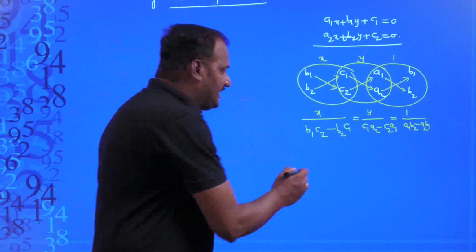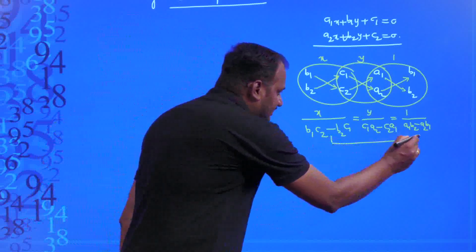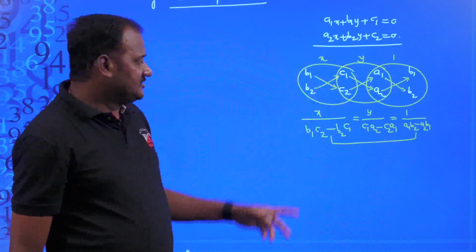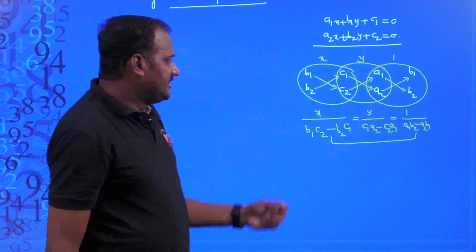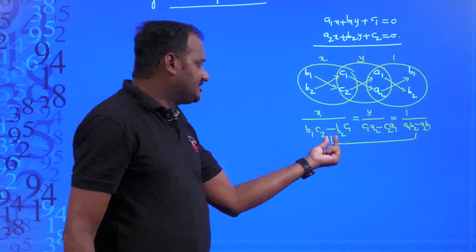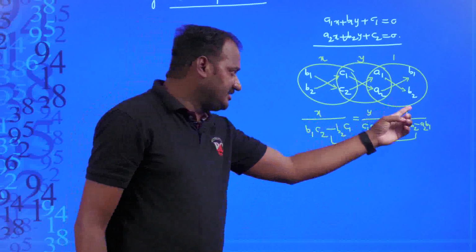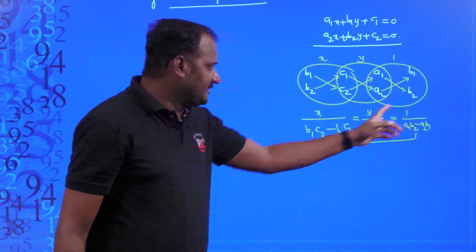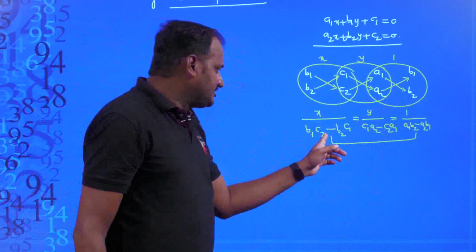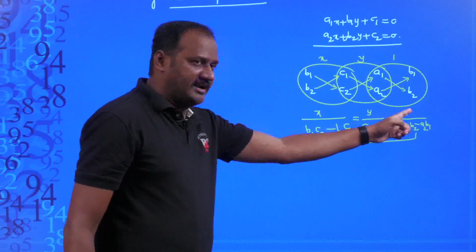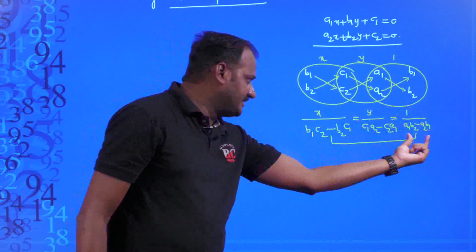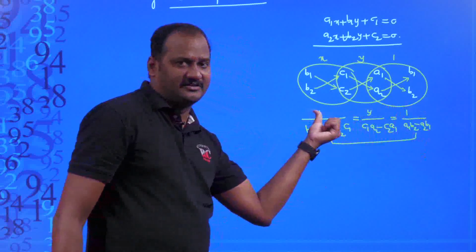So, you will have to equate the x term and the constant term. When you equate this one and this one, you get x divided by B1 C2 minus B2 C1 is equal to 1 divided by A1 B2 minus A2 B1. By cross multiplication, x will be B1 C2 minus B2 C1 divided by A1 B2 minus A2 B1, and x is alone, right.